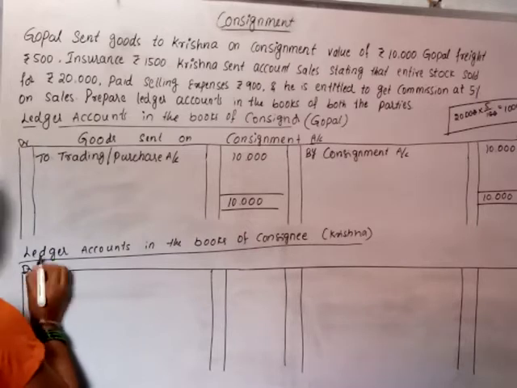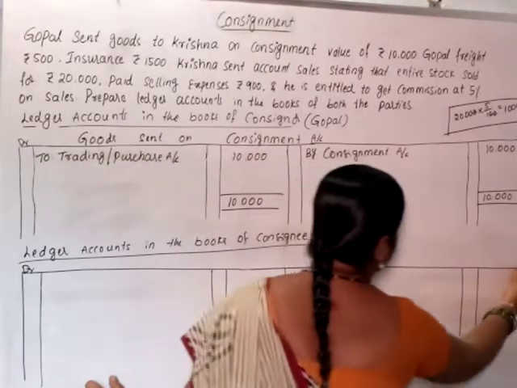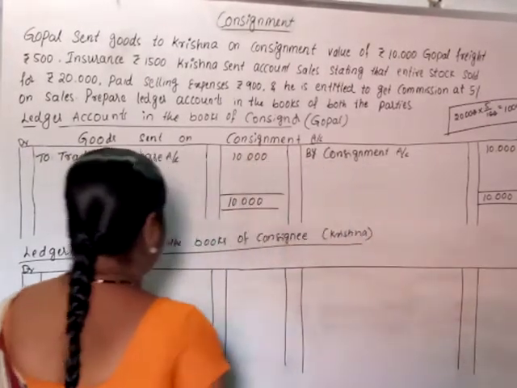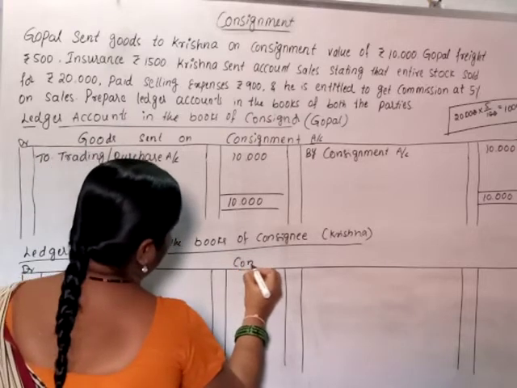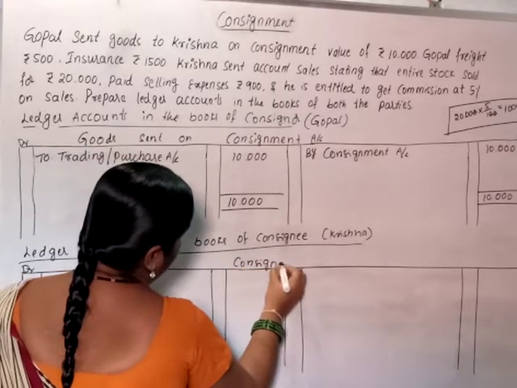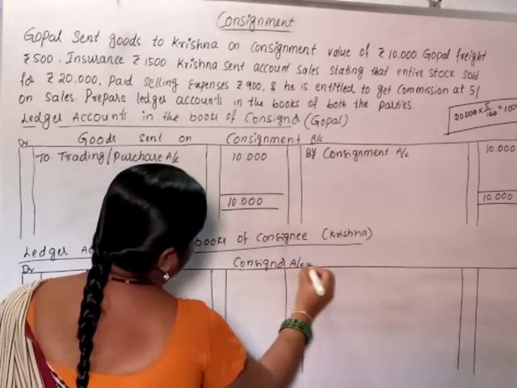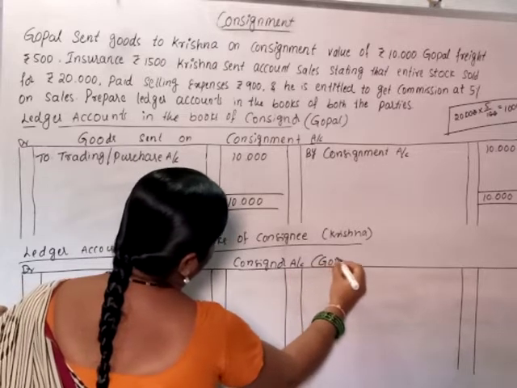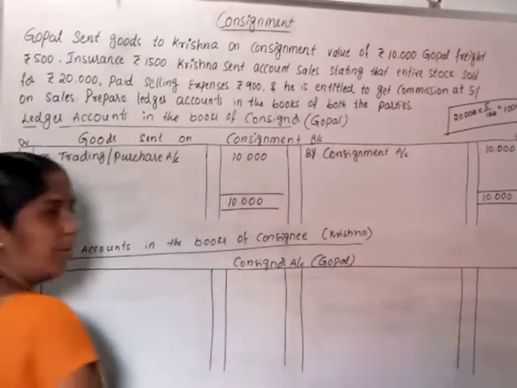Now, write down debit side and credit side. Write down consignor account. Who is the consignor here? Gopal. Under bracket write down Gopal.